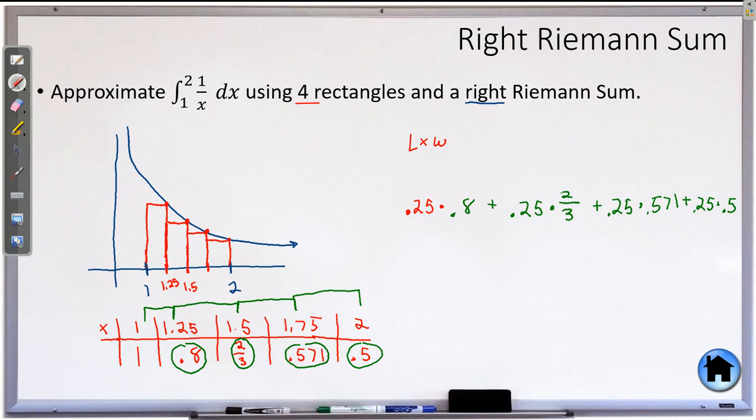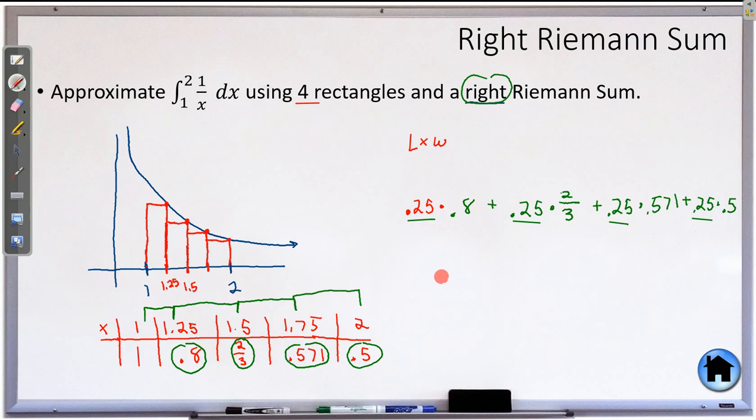All right, so one nice thing about a right sum, what numbers in your table do you use? You use all the right numbers and not the one on the left. And so you can hopefully guess what you would do for a left-hand sum. So now I simply have to type this into the calculator and see what number it gets me. It's a little jumbled, sorry about my handwriting there. But if you take a look, they all have a 0.25.